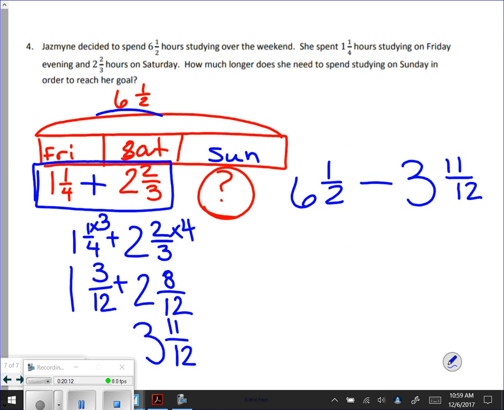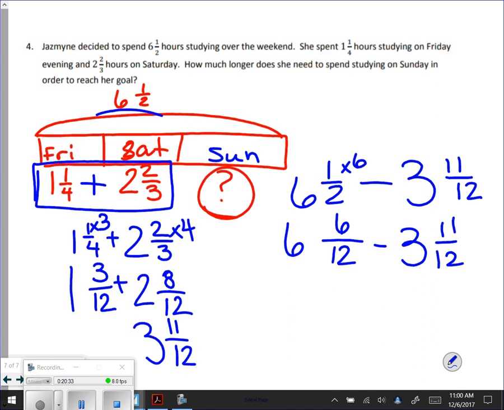Now, yeah, you can do a common denominator of 24, but why? 2 can go into 12. So 12, 2 to get to 12, 6. 1 times 6, 6. This is already the common denominator.